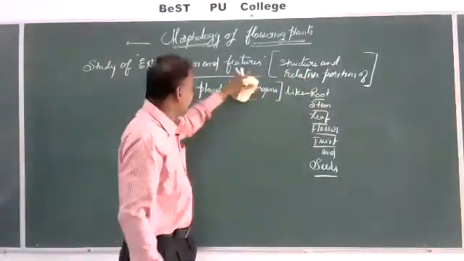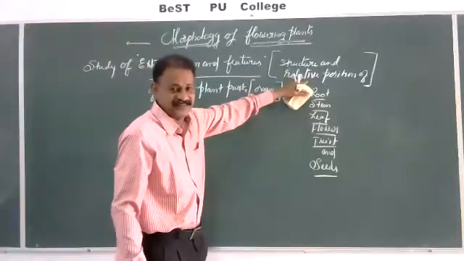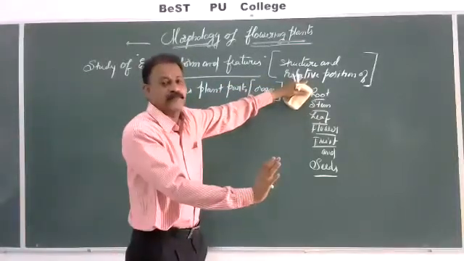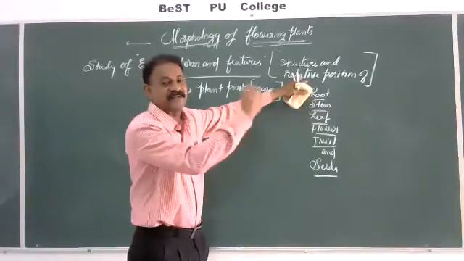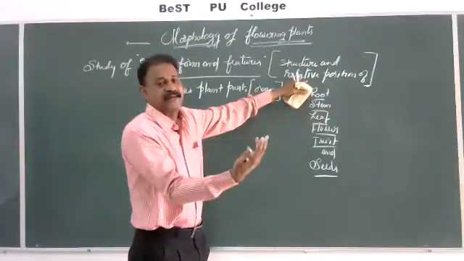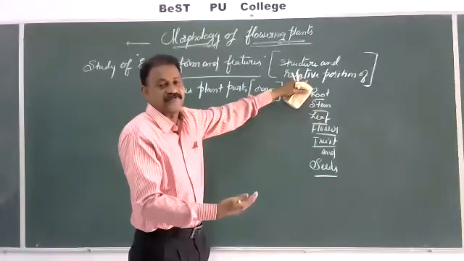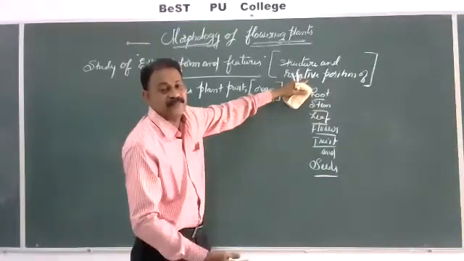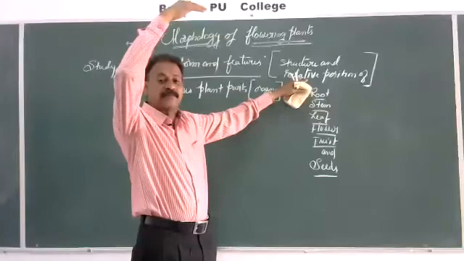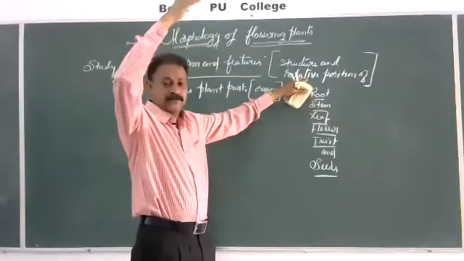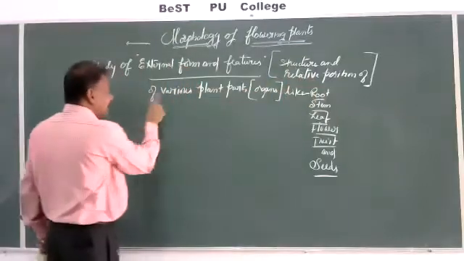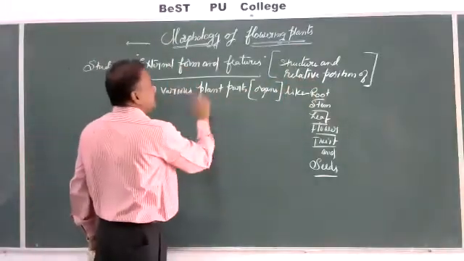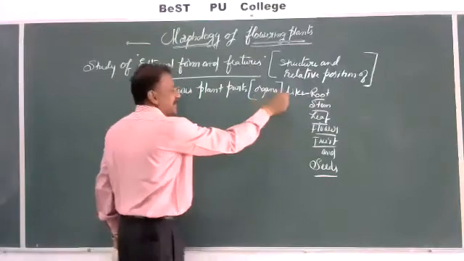Features means characteristic features. In this plant, how leaves are there, how branches are there, how flowers are attached, where flowers are found, what type of inflorescence it has, what is the position of the branches, at the base of the stem or somewhere away from the stem. All these are called structure and relative positions of various plant parts, which are called plant organs.